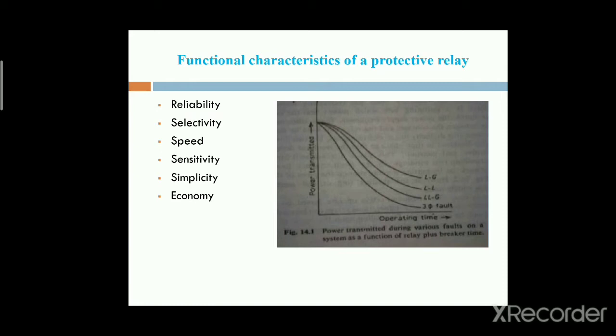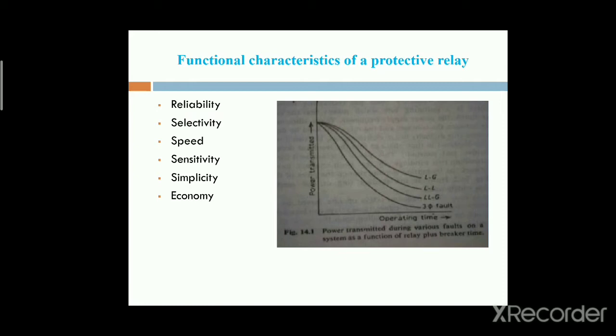If any faults are obtained in the transmission line or distribution lines, the protective relay selects the faulty portion correctly without disturbing any healthy portion. That is called selectivity.